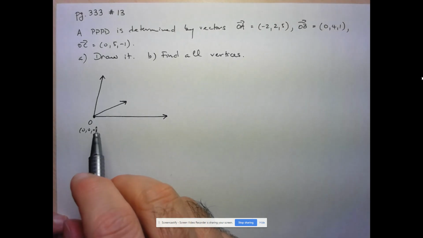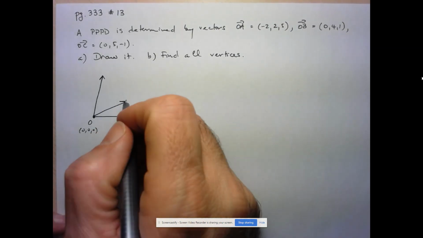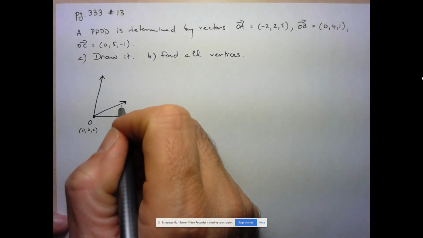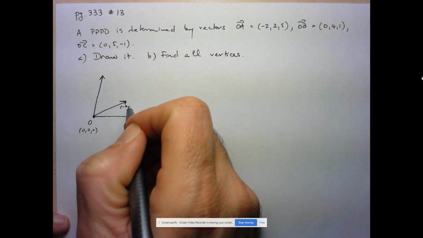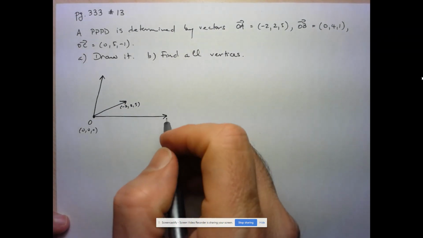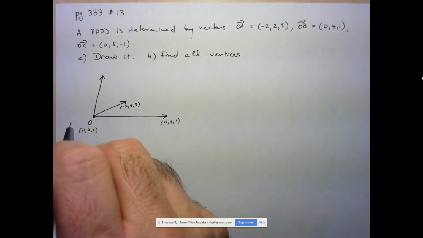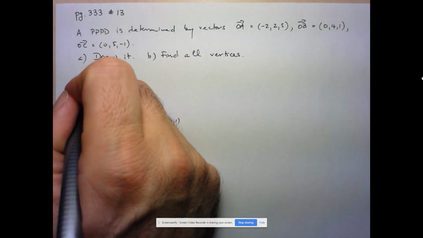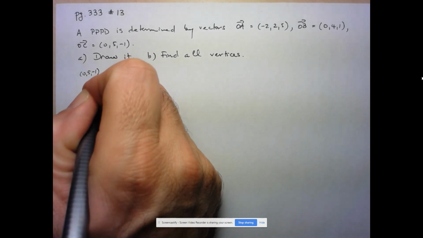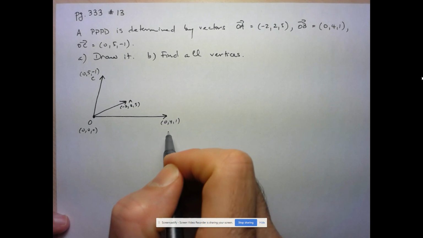Since this is going from the origin to that point, this will just be the point negative 2, 2, 5. We called this B, so this will be 0, 4, 1, and this C will be 0, 5, negative 1. That's C, that's A, and that's B.